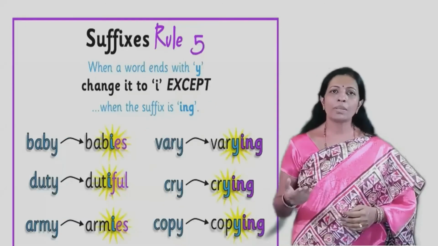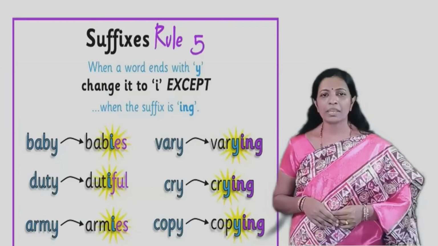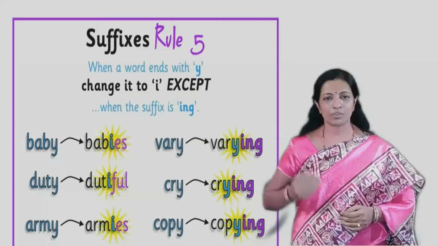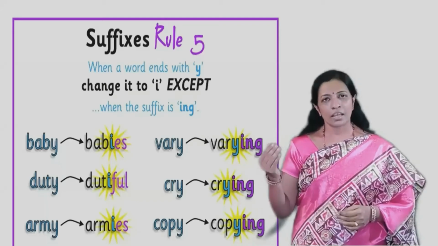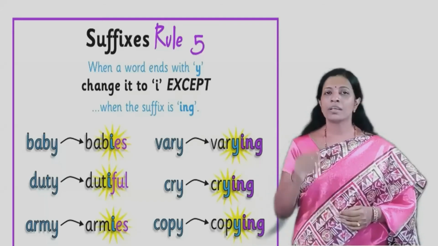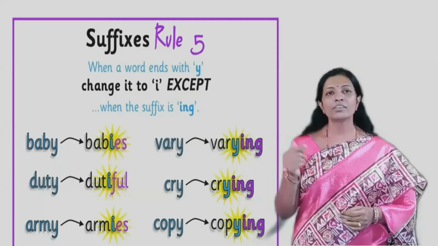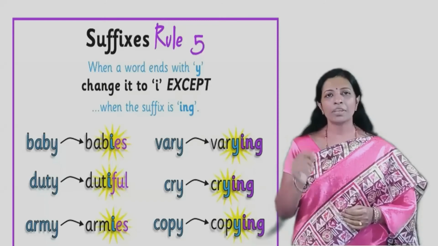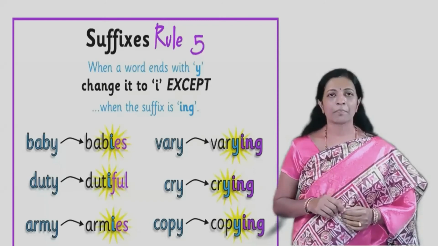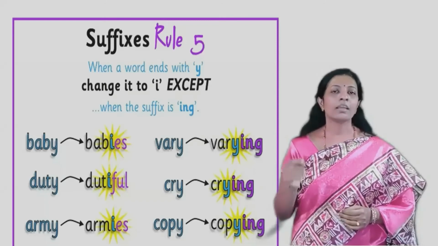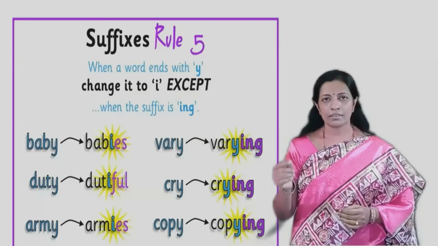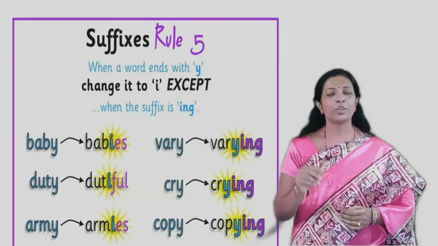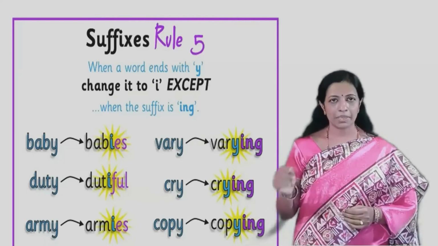This is one common mistake which many students make. Please remember that whenever a word ends with Y, then when you add a suffix to it, the letter Y changes to I in the new word. For example, when we take the word baby, it ends with Y, and when we add the suffix es to it, the new word which is formed is babies.